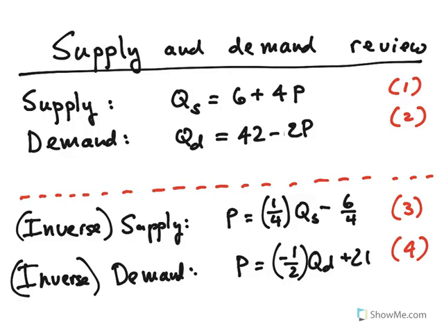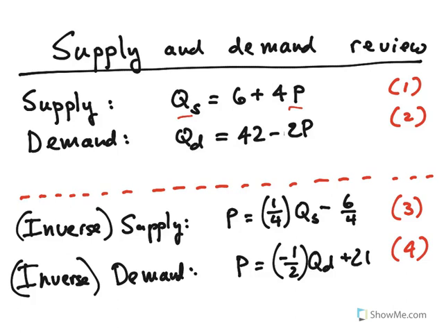Let's do a quick review of supply and demand relationships. The typical idea with a supply curve is that the quantity supplied will increase if the price goes up. There'll be more of an incentive for the firm to sell more of the good if the price has gone up.